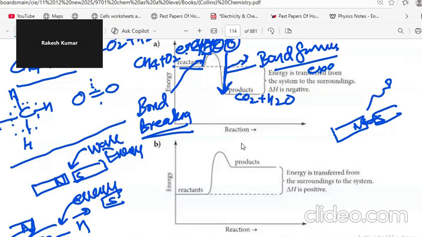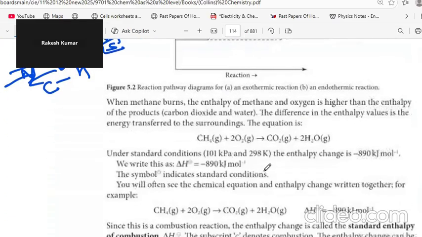So this is the whole process, and you do it by this diagram, or there's another way. The other way is you write it in the form of a reaction. CH4 plus 2O2 gives CO2 plus H2O. Now this has got some energy, so I'll call it the energy of the reactants.